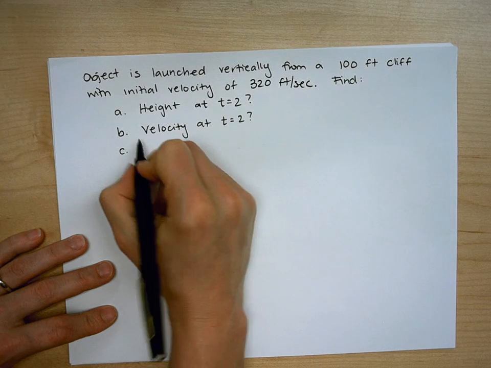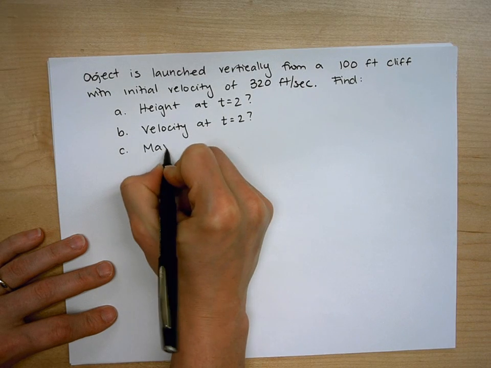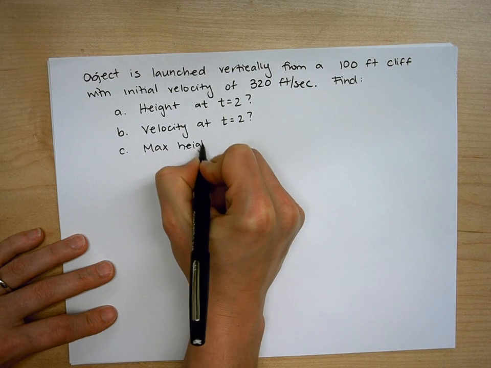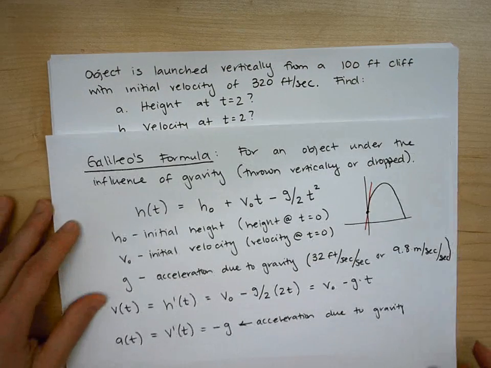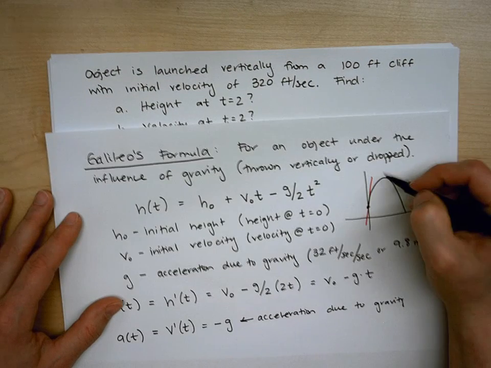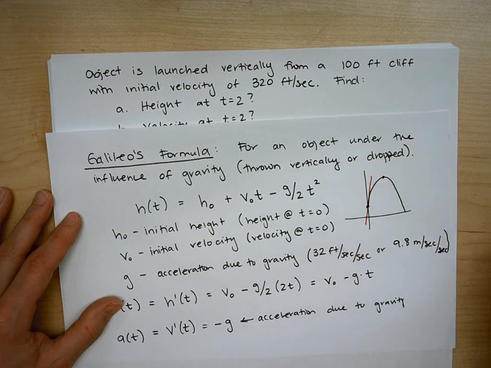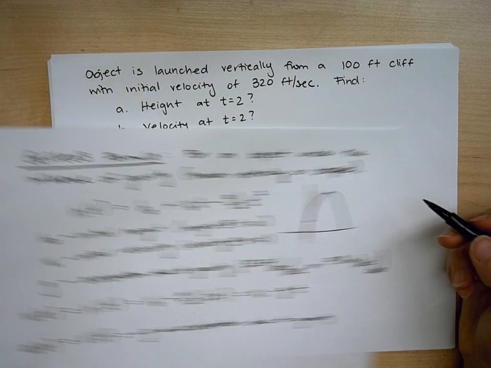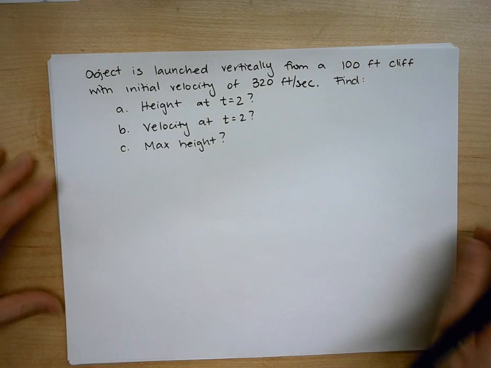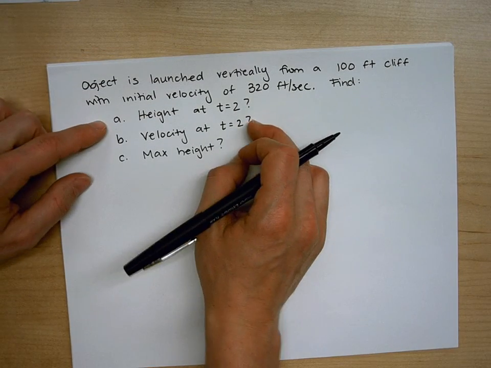And last but not least, let's figure out what the maximum height of the object is. So I mentioned here before that all of these are going to have this general shape, and so we can look and see when we might want to know the highest point that the object went. Okay, so let's start with the height at time 2.